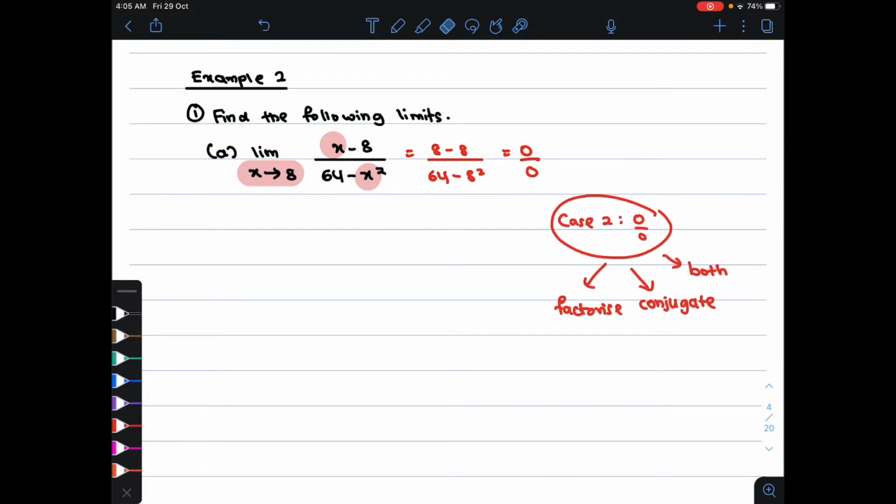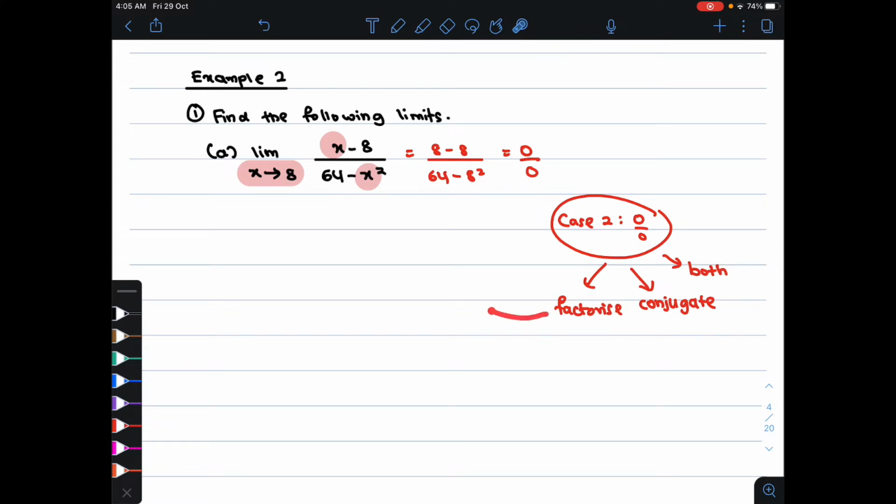For case 2, we can use factorization or multiplication of conjugates or even both methods. For this question, which method do we need to use? There's no square root, so we don't need to use conjugate, and hence the only other method is factorization.